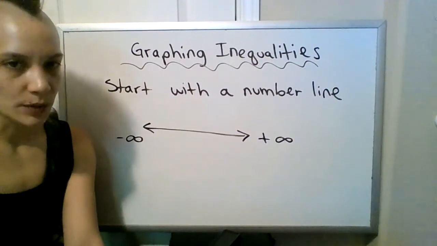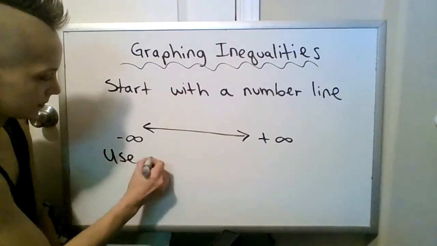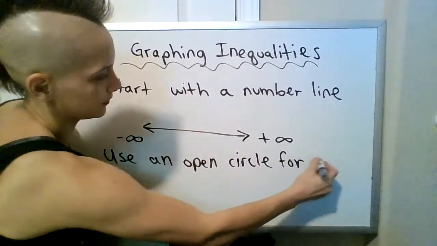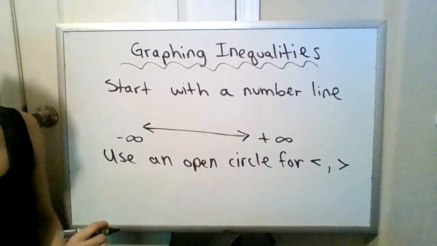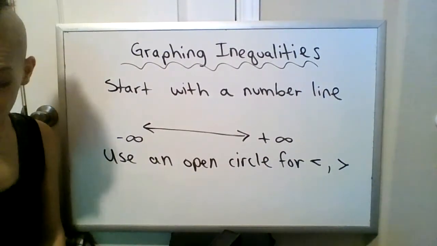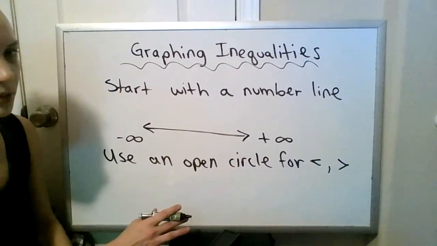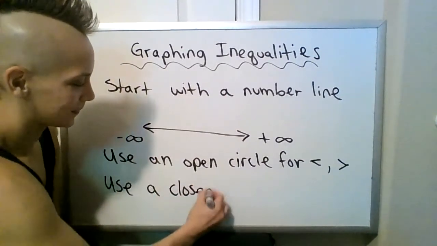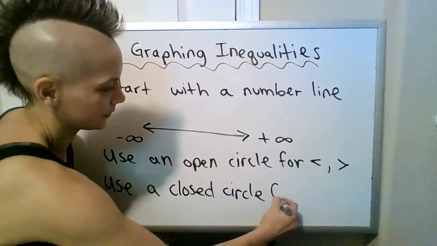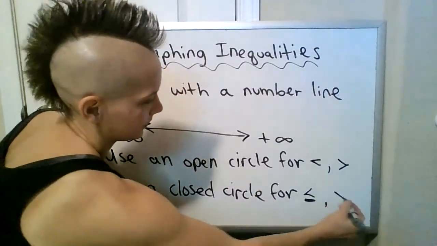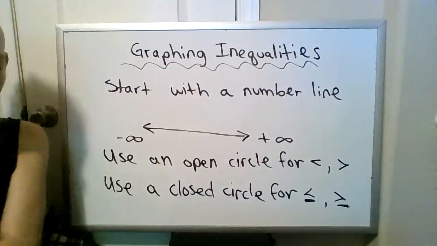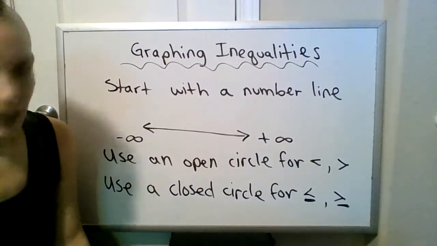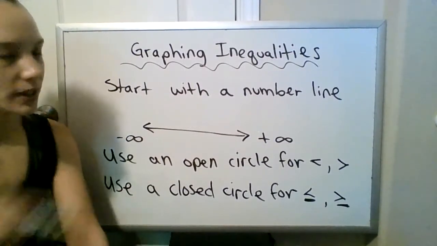Use an open circle for strict inequalities. Use a closed circle for less than or equal to and greater than or equal to. Plot values of your inequality on that number line.